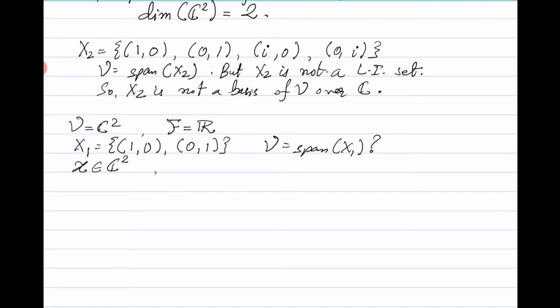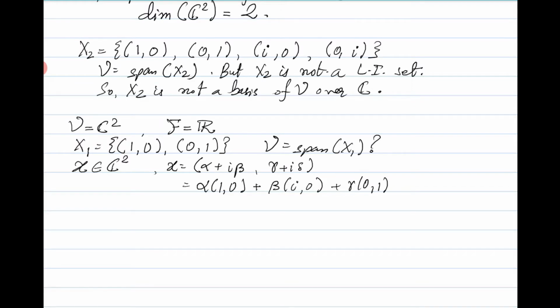So if x is of the form (alpha + i beta, gamma + i delta), I represent it as alpha (1, 0) plus beta (i, 0) plus gamma (0, 1) plus delta (0, i), where alpha, beta, gamma, delta all belong to the field of reals, right?